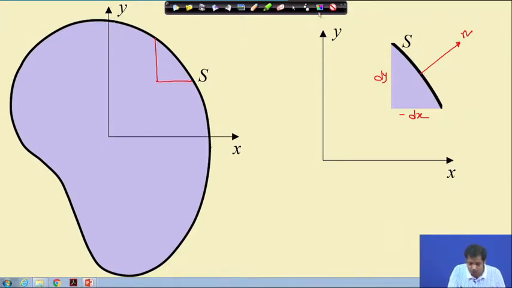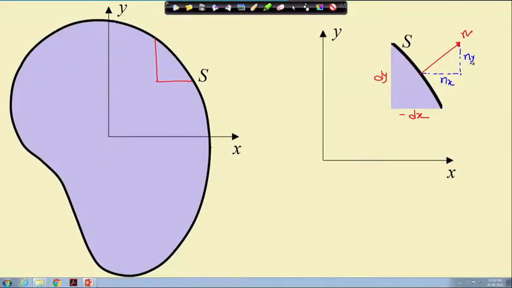It has two components, one horizontal and one vertical: this is ny and this is nx. So, n is essentially a unit vector. In 3 dimensions it has nx, ny, nz, but now we are just taking a section, so it is essentially on a plane, and we have nx and ny.